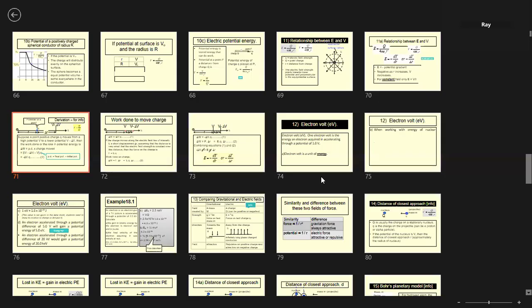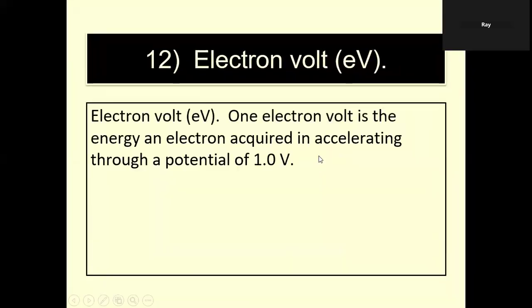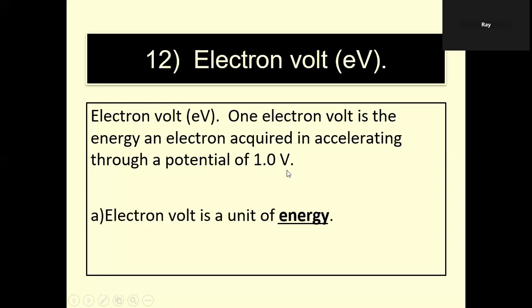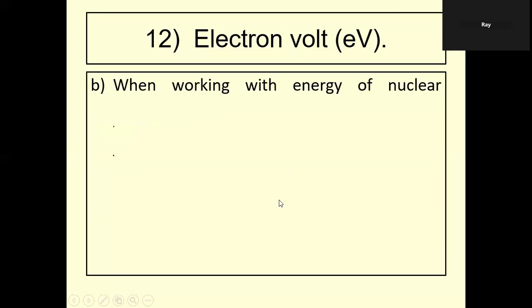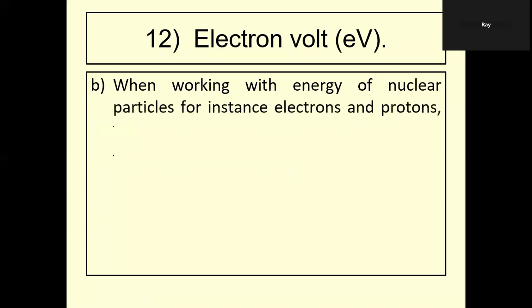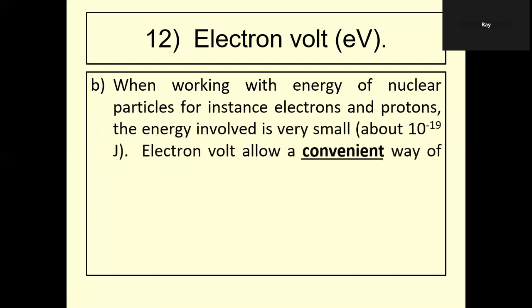If you want, you can look at my electron volt. Just reminding you, 1 electron volt is the energy an electron acquires in accelerating through a potential of 1 volt. That is a unit of energy. When working with energy of nuclear particles, for instance electron and proton, the energy involved is very small, or 10 to the power minus 19 joule.